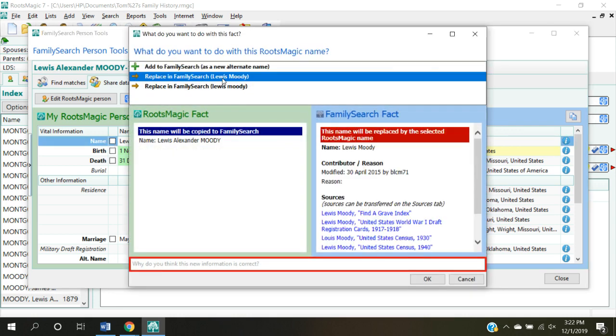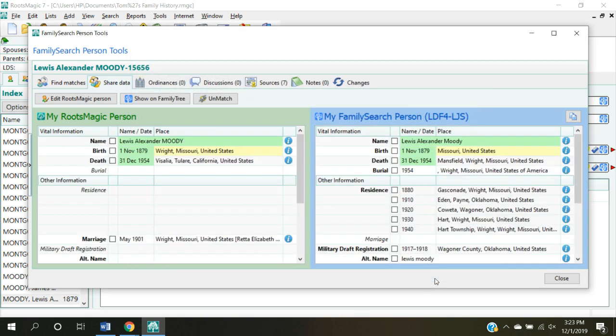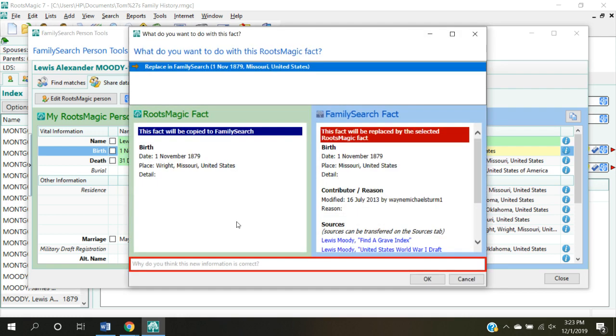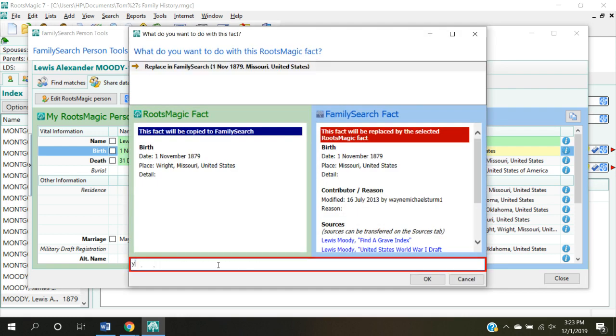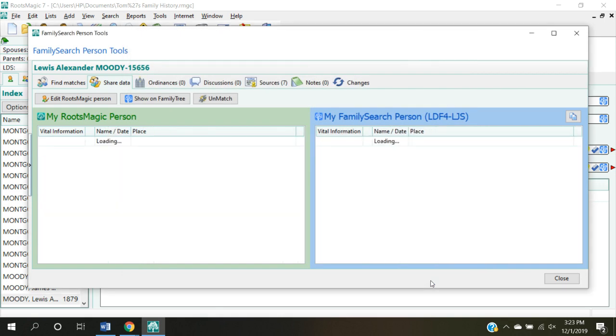I'm going to replace what's in Family Search. I'm just going to put yes, you can replace. And then I'm going to also replace the birth information because I have more than Family Search. And this will make our two records match and merge.